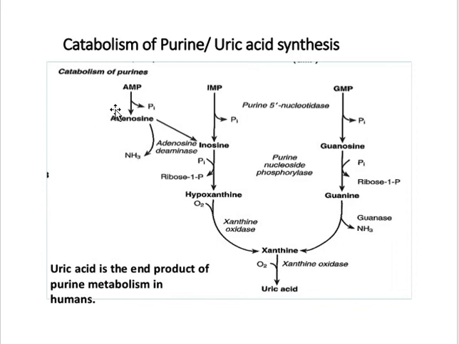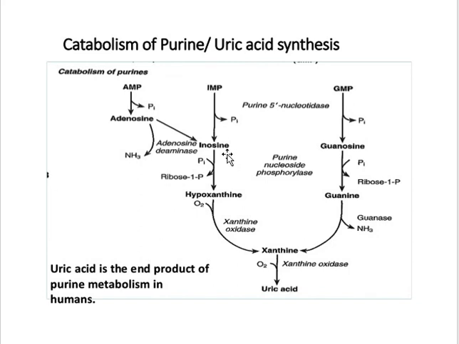In this diagram we see that first of all dephosphorylation of AMP takes place, and after dephosphorylation it is converted to adenosine, and then adenosine is deaminated by the adenosine deaminase to inosine. Similarly, the inosine monophosphate is first dephosphorylated and is converted to inosine, and this dephosphorylation reaction is catalyzed by the enzyme purine nucleotidase.